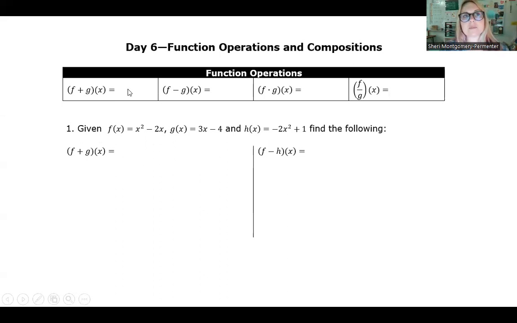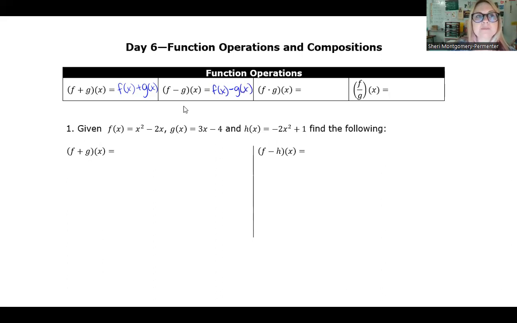I'm going to fill this in right up here at the top. When we add, it is the same thing as f of x plus g of x. When we subtract, it's f of x minus g of x.